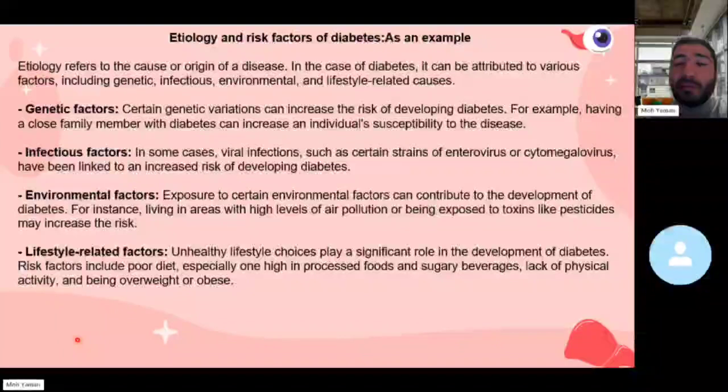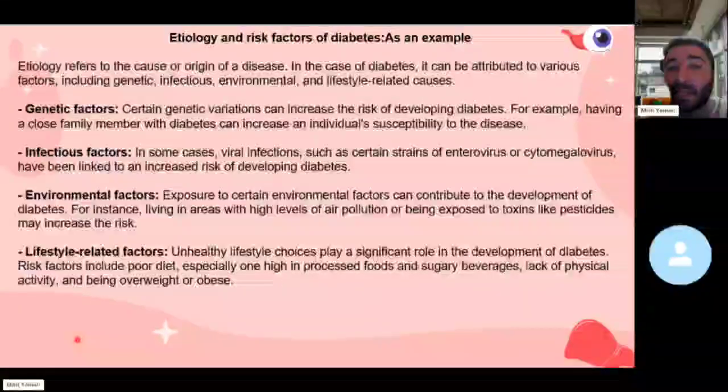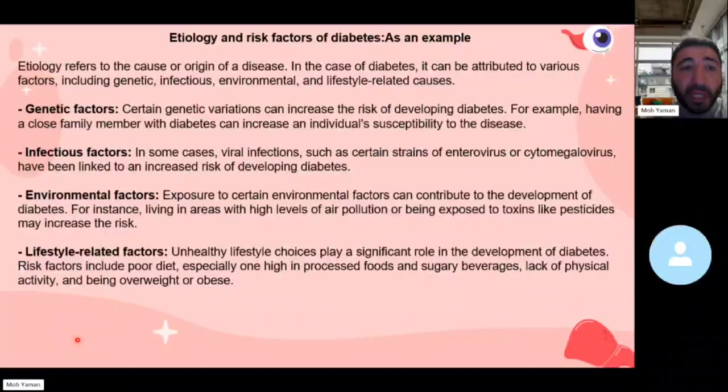Infection factors: right now there is new research that says infection by strains of enterovirus or cytomegalovirus has been linked to an increased risk of developing diabetes, especially type 2 also.